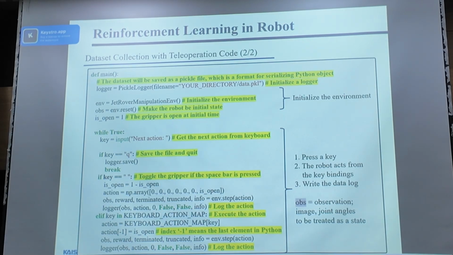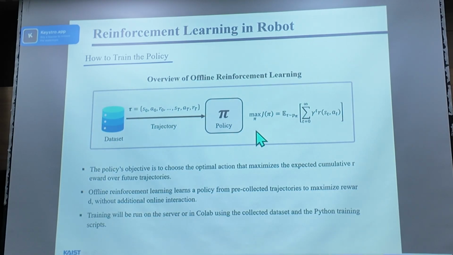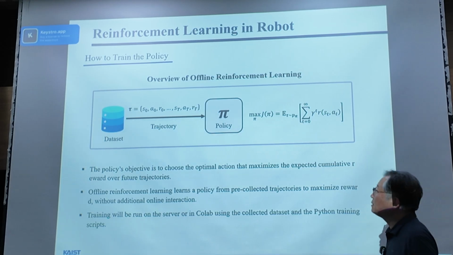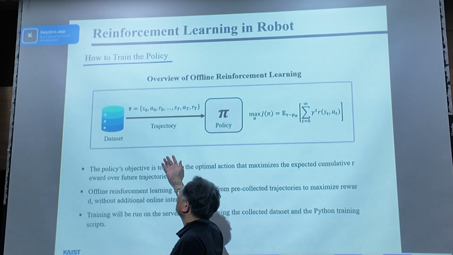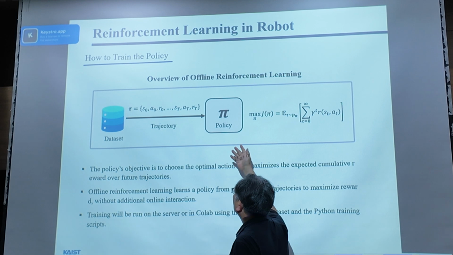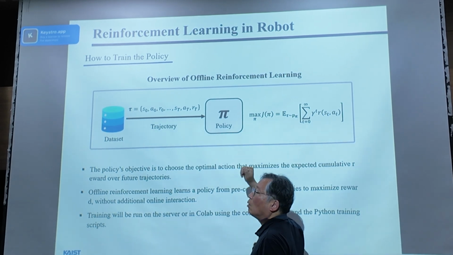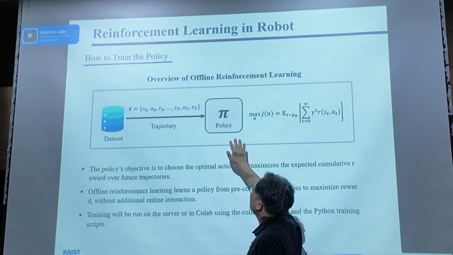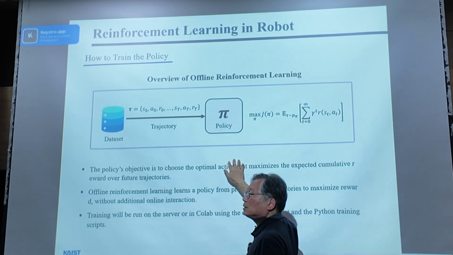Okay. So you collect your data, and we're going to give you a template code for this. And again, based on that data set, get reward. The whole objective is to define this policy.